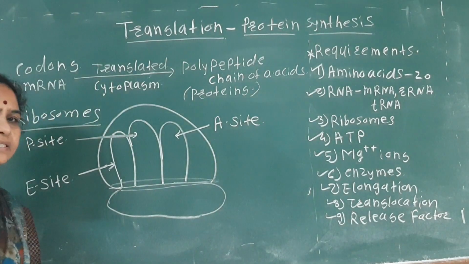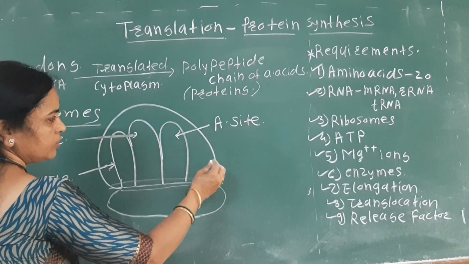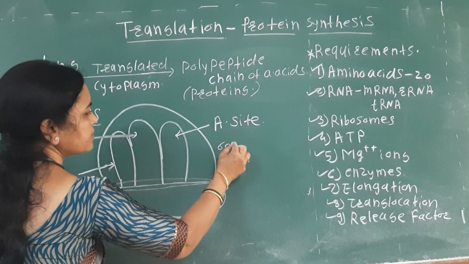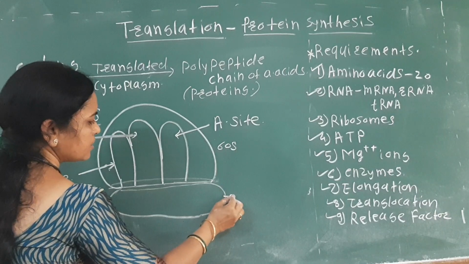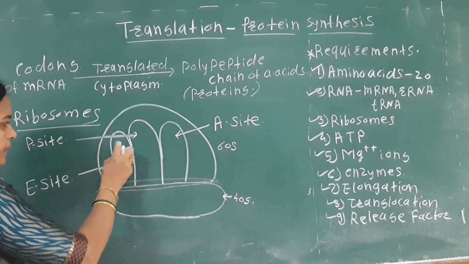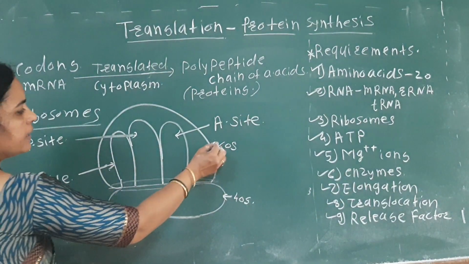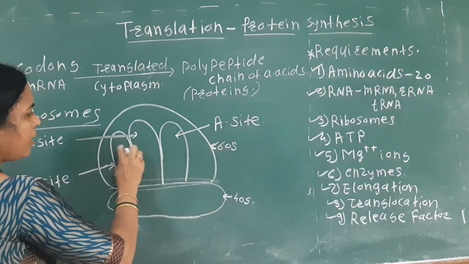So these are the three sites on the larger subunit. In the eukaryotic cell, the larger subunit is mainly 60S, while the smaller subunit is 40S.